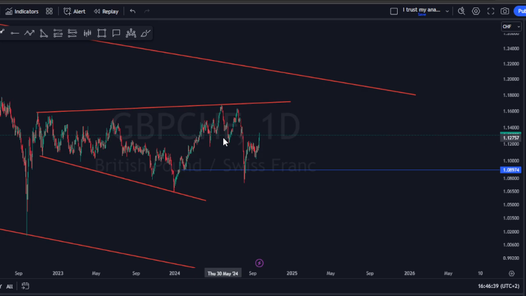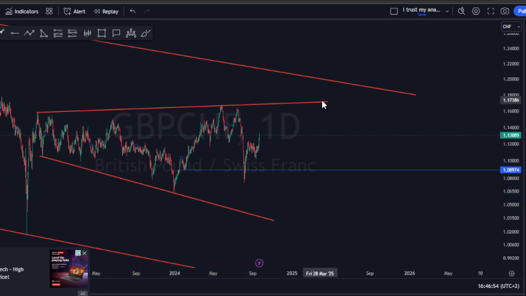So what we can do is just extend this pattern like this, just like that. So this is an expanding pattern as well.